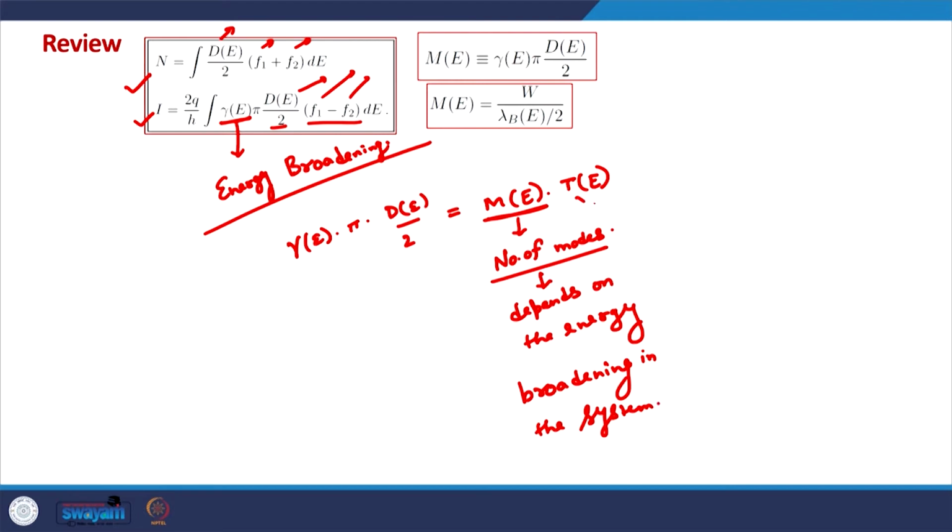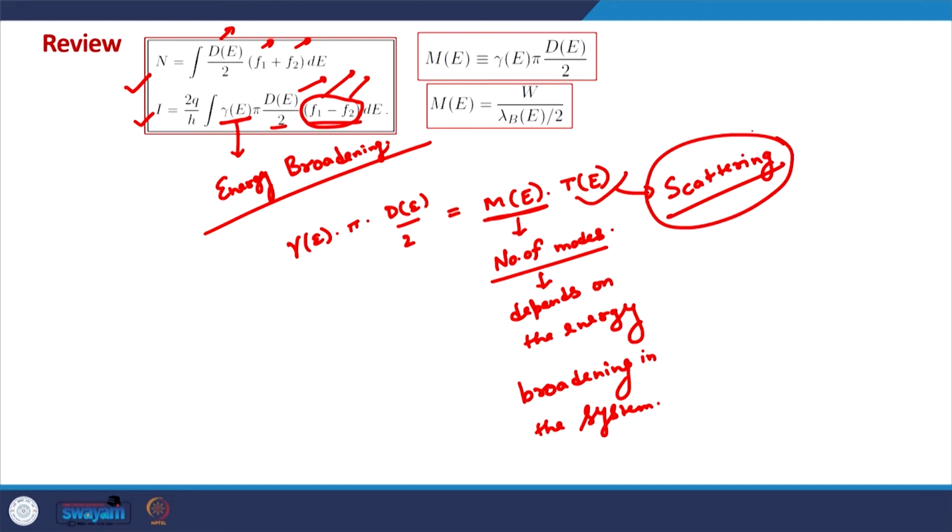And this T(E) in the case of diffusive transport accounts for the scattering in the channel, the scattering of electrons with the atoms or other impurities in the channel. So in the current expression, apart from the Fermi functions, we account for the scattering and we account for the modes.